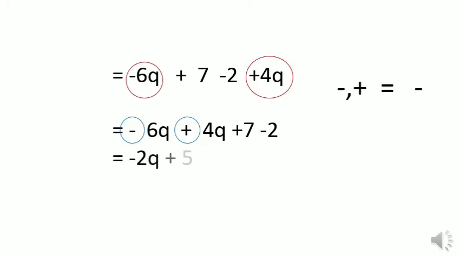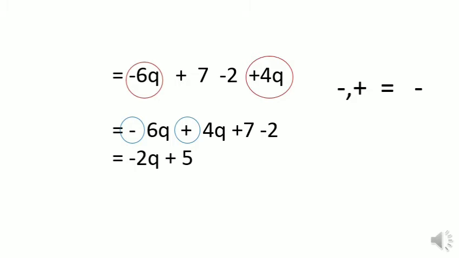Do what it says: minus plus minus. 6q and 4q, so it is minus 2q. Now write the sign of the biggest number, which is 6 over here. So we will write the sign of 6, which is minus.